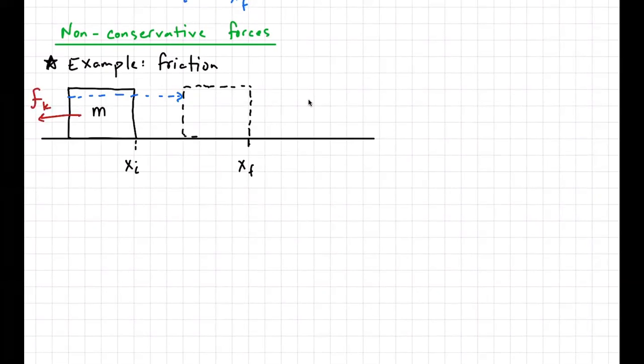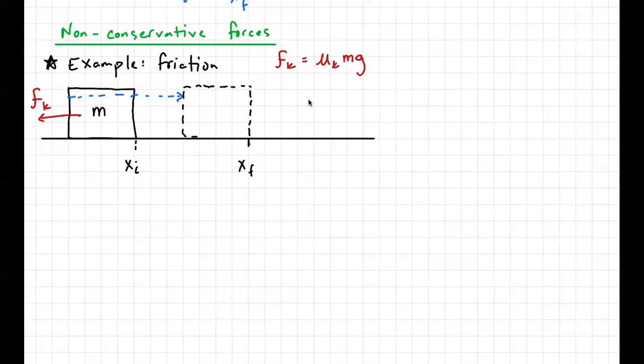So there's some kinetic frictional force, which we should expect to be described by mu k times the normal force. The magnitude of it should be mu k times the normal force, which in this case is mg. You can convince yourself that the normal force is mg if you want.